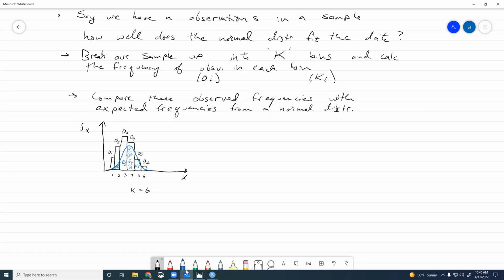So once we do that, then we can calculate this chi-squared metric. We're going to call it the goodness of fit metric.